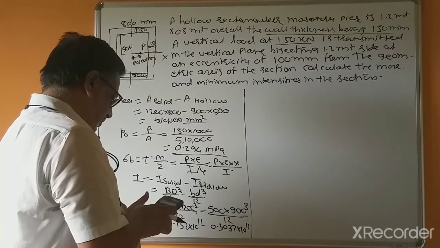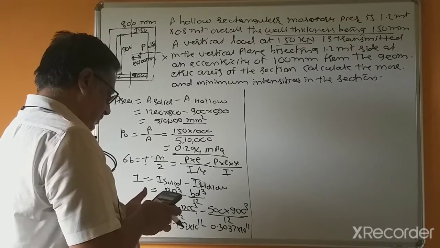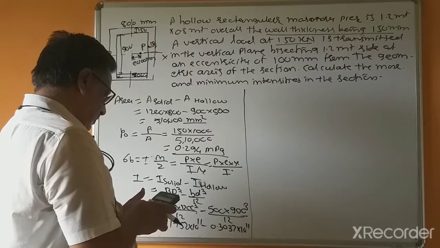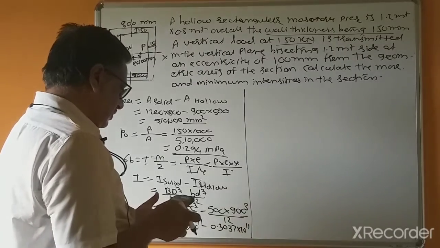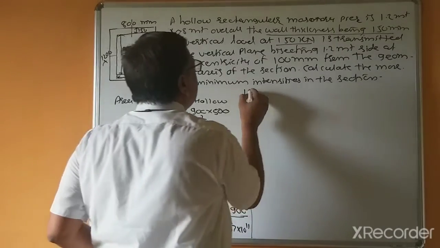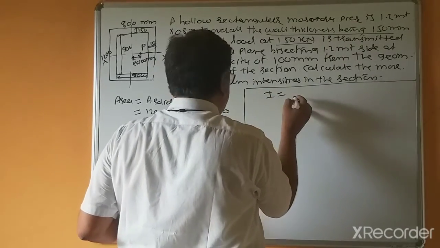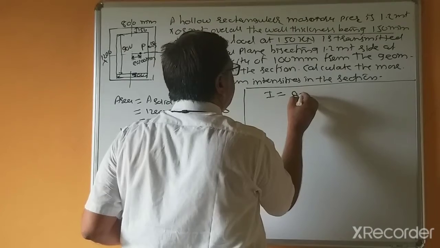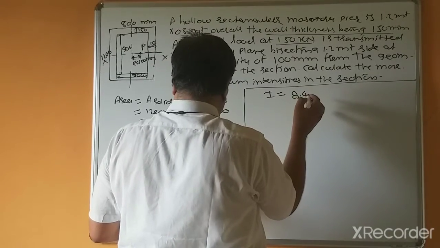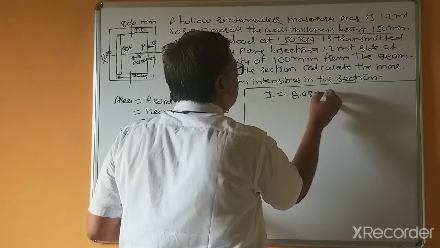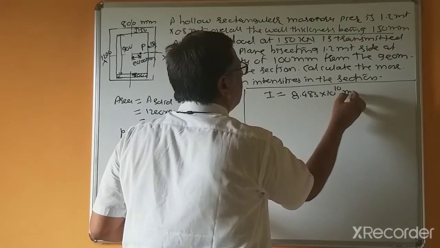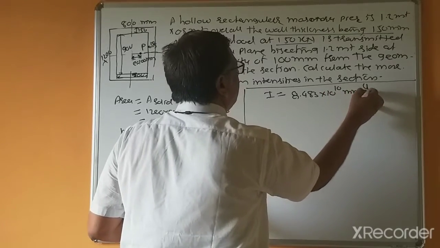Now 1.152 minus 0.30375 gives moment of inertia equal to 0.8483 times 10 to the power 10 mm to the power 4.